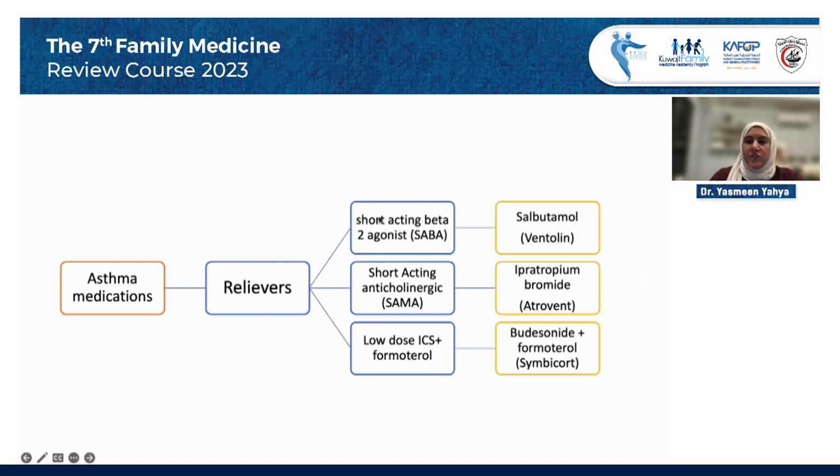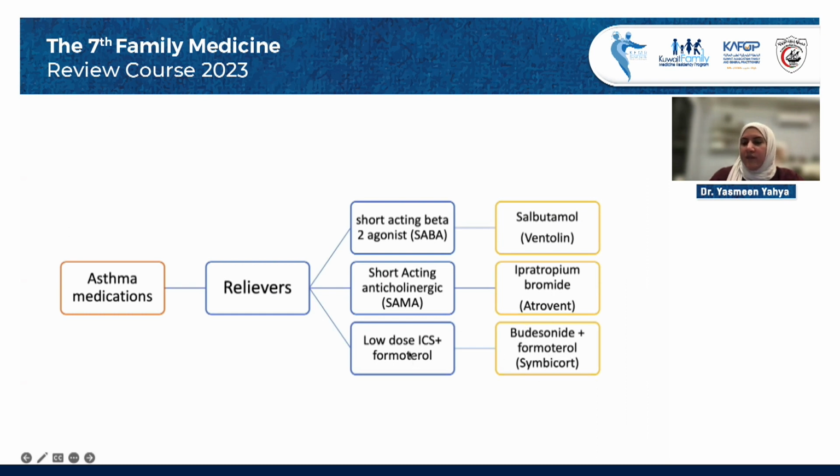So we have the SABA, the short-acting beta-2 agonists, and what we have from the SABA group in the clinic is Ventolin, salbutamol, and from the SAMA we have ipratropium bromide, Atrovent. And for the low-dose ICS plus formoterol, which is a LABA, but a fast-acting LABA, the only one licensed as a reliever is Symbicort, budesonide formoterol.